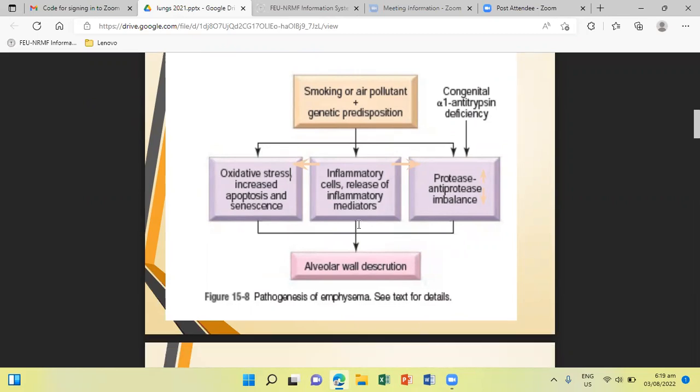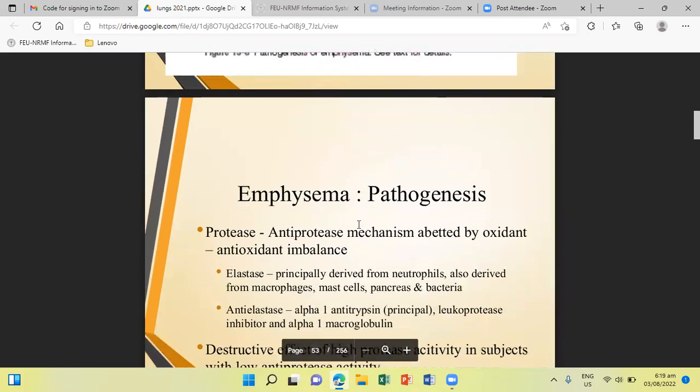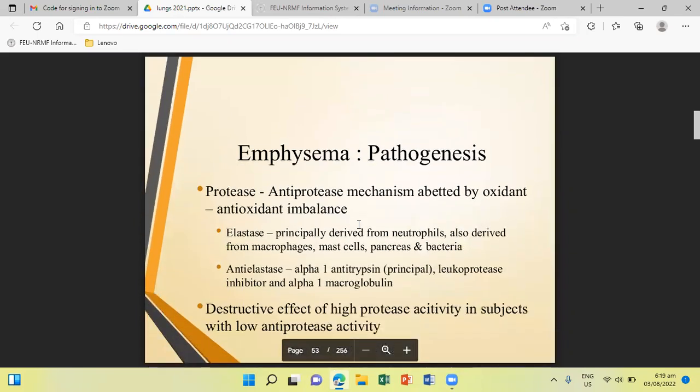Now, let us try to take it up one by one. So when you say protease, anti-protease imbalance, several proteases are released from the inflammatory cells and epithelial cells, which break down the connective tissue components. In patients who develop emphysema, there is a relative deficiency of protective anti-proteases, which in some cases will have a genetic basis.